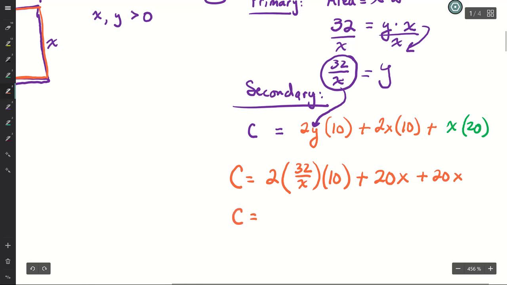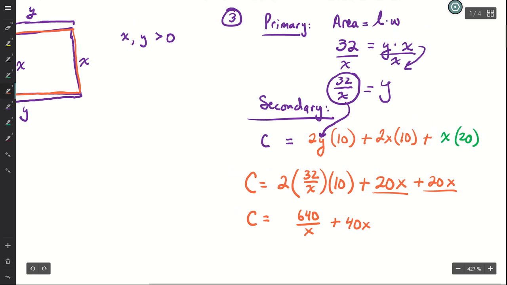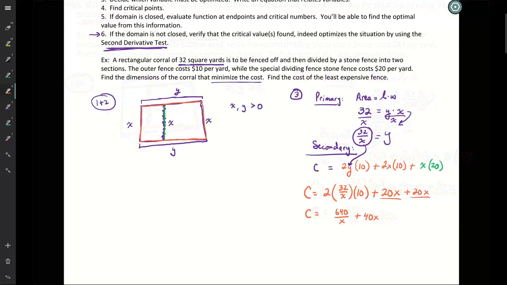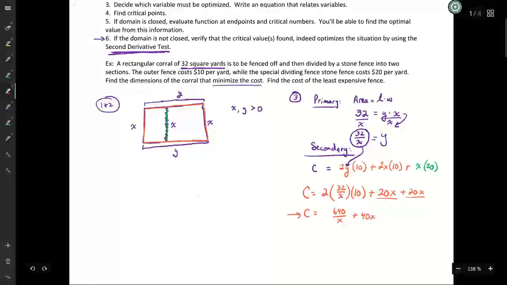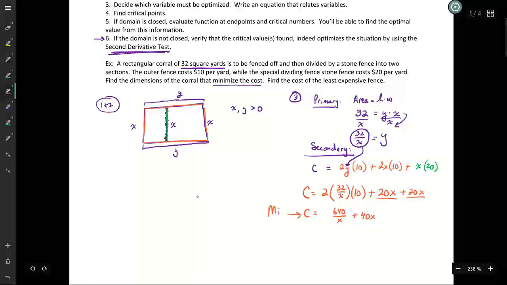So we have our 2 times our 32, that would be 64, and then 64 times 10 would be 640. That'll be all over x. And then over here with the 20x and the 20x, we can combine those, so that would be 40x. All right, so at this point, we have the function that we want to try to minimize.